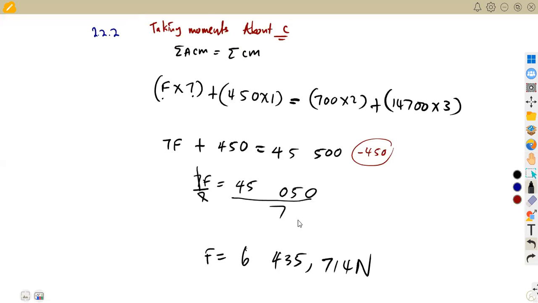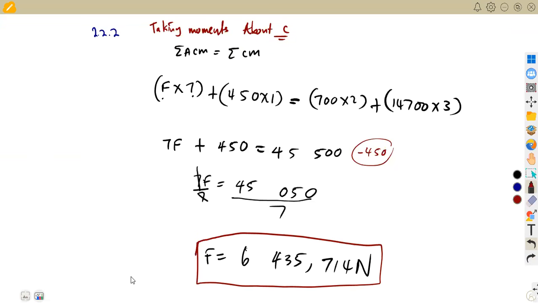All right, so you can even write it in kilonewton if you want, which is fine. But that is how we could have calculated the value of F, which is a support, the first support.